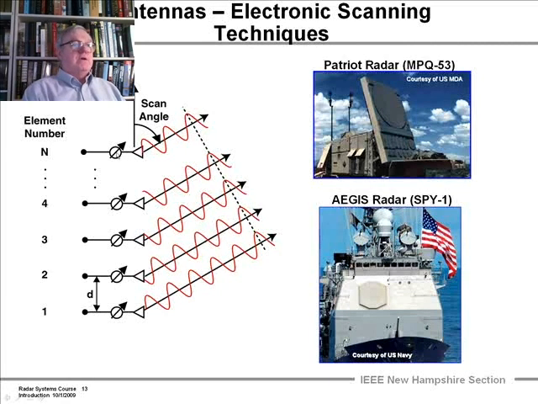If you can shift the phase very fast, they're called phase shifters. They're made with ferrite, which can change the phase by a fraction of a wavelength very fast. If you change those phases very fast, you can change the direction of the beam very fast, on the order of microseconds or tens of microseconds.